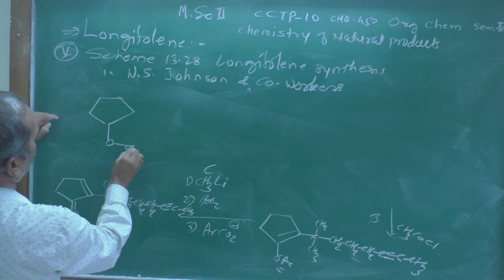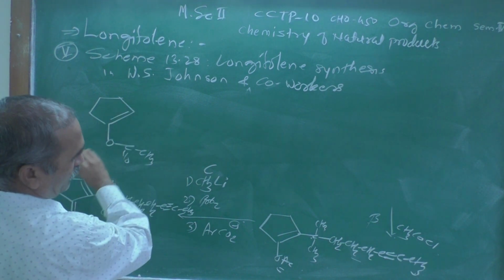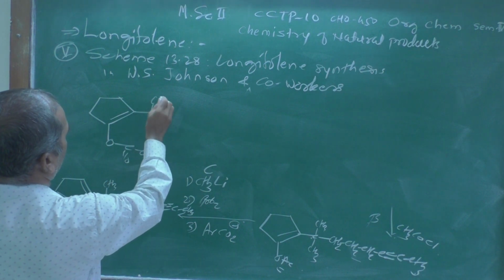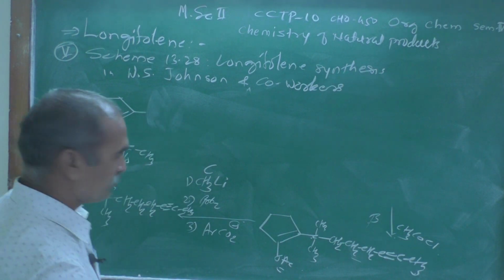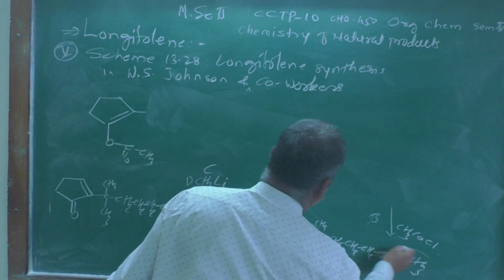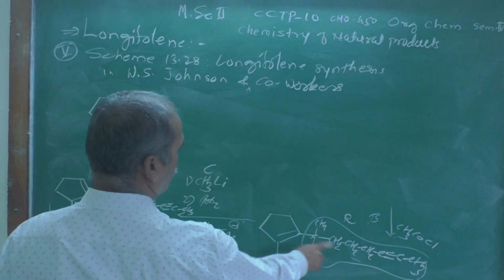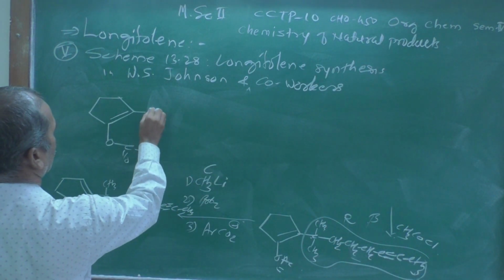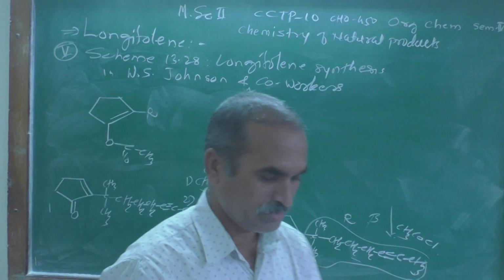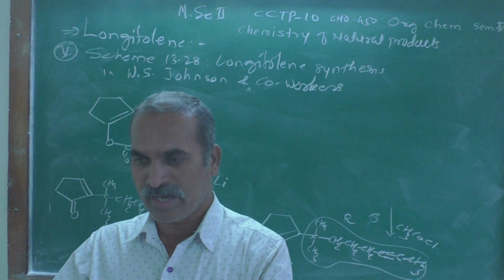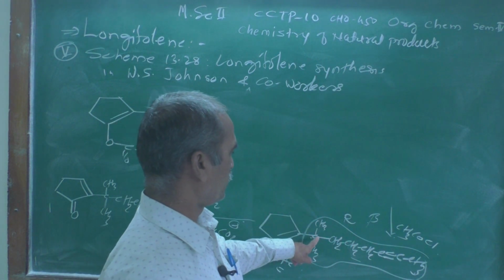Then C double bond O, CH3, double bond here, then C. For the sake of convenience, I am taking this whole part as R, so that we can show the clarity in the mechanism, and that's the purpose of this group.